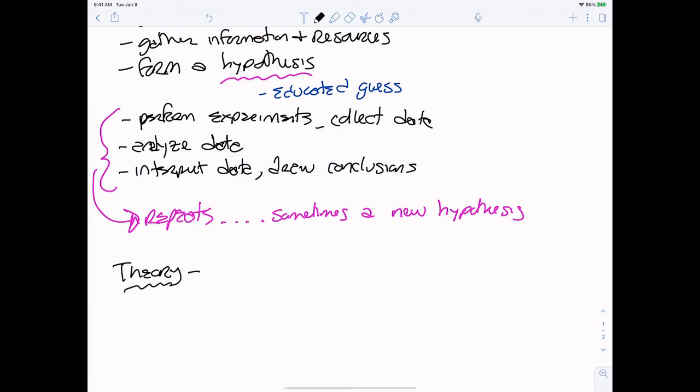And our theory is what our hypothesis becomes after it has stood up to repeated scrutiny. Generally it's years. You don't just do one experiment and your hypothesis becomes a theory. It's been validated many times.